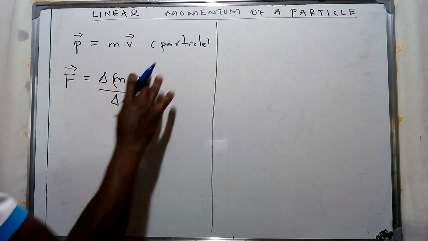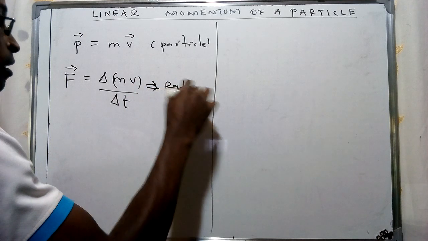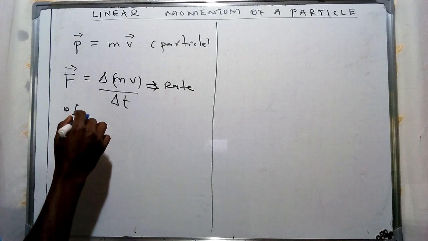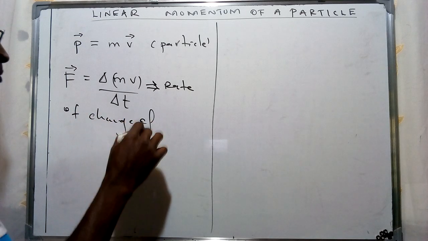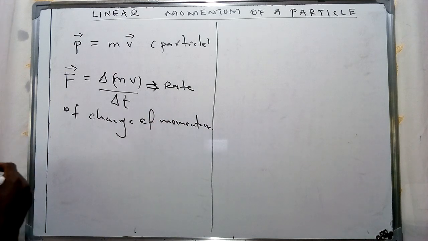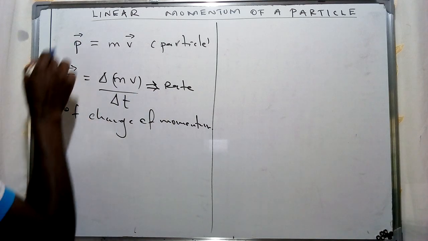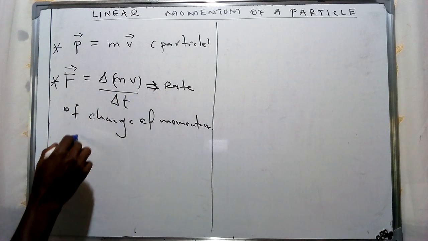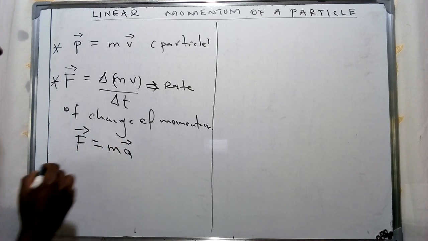And of course, this was what we referred to as the rate of change of momentum. In this case, this can be given as a second way in which we can describe Newton's law of motion, where force is the product of mass times acceleration.